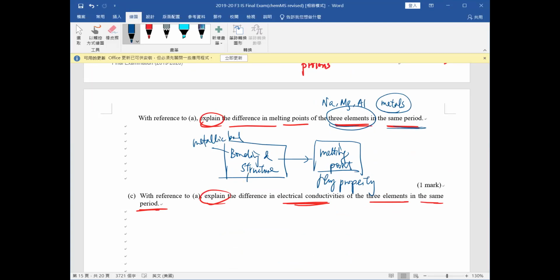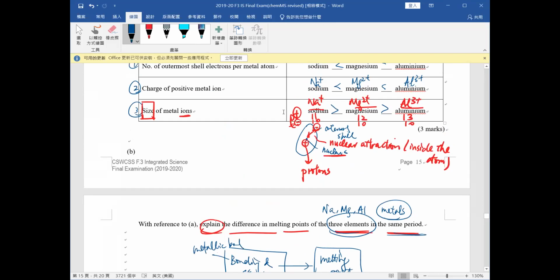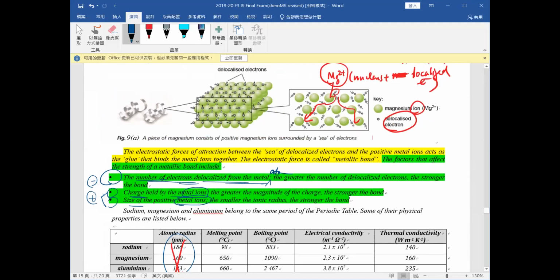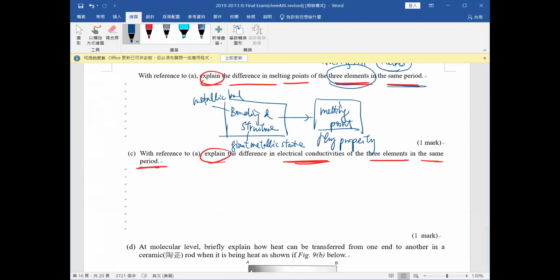And the structure we are going to talk about, we call that giant metallic structure. Since we know it will also form a 3D lattice, right? Of course, a giant structure. So if all three have the same bonding and structure, how come the melting point is different?